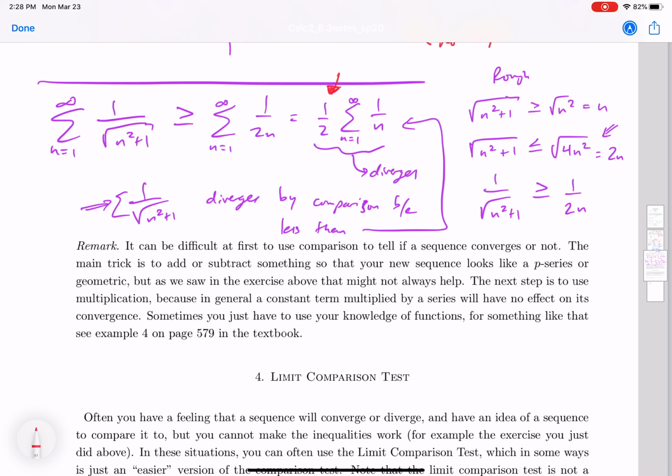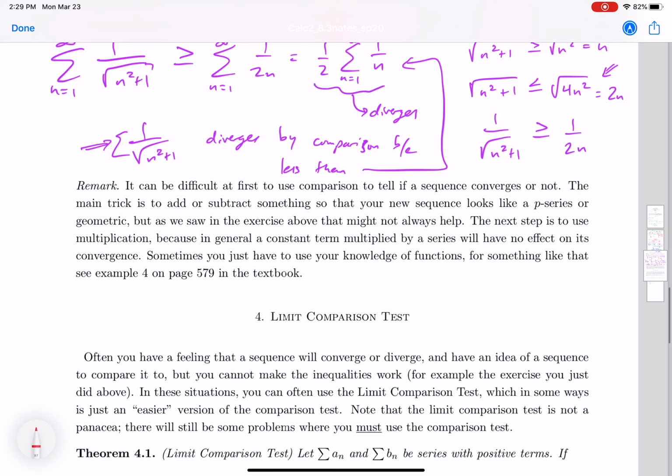If you're convergent and you multiply by a constant, you're still convergent. And if you're divergent and you multiply by a constant, you're still divergent. So those are your two main steps to use comparison: first to add or subtract something, and next to use multiplication.